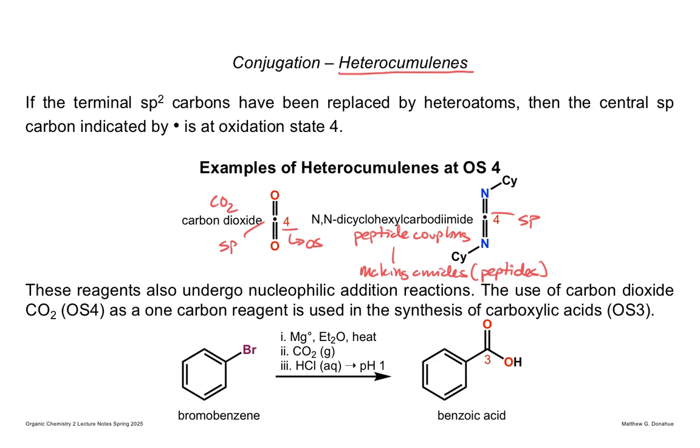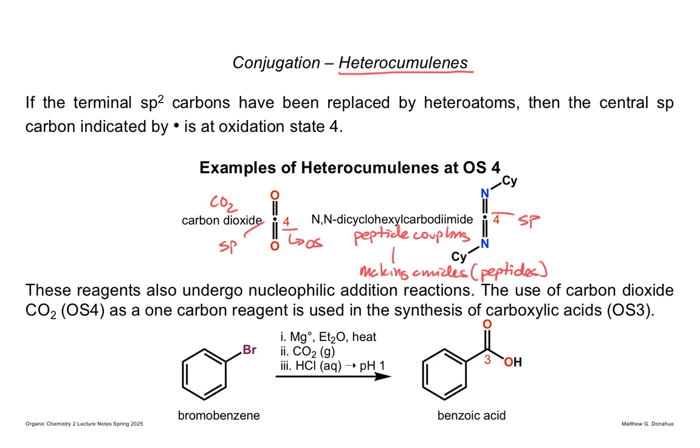So you see the two heteroatoms at positions 1 and 3 are both nitrogen. This also has an oxidation state of 4. What's unique about these oxidation state 4 reagents, we know that in the oxidation state ladder, carbon at 4 is the highest. So from 4, it can only undergo addition reactions, which overall means a net reduction.